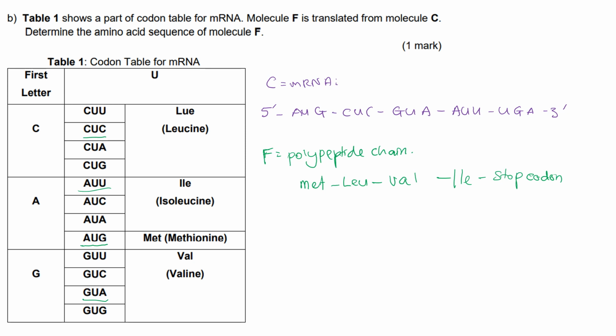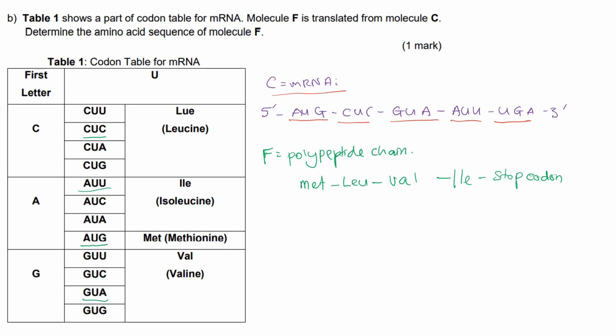So in order for you to determine the polypeptide chain of molecule F, you have to separate the mRNA sequence into codons.